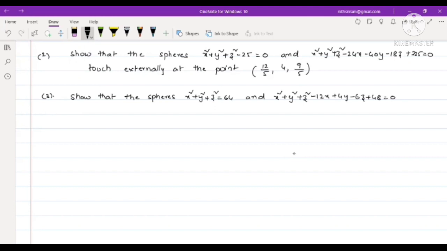Show that the two spheres touch internally and find the point of contact.